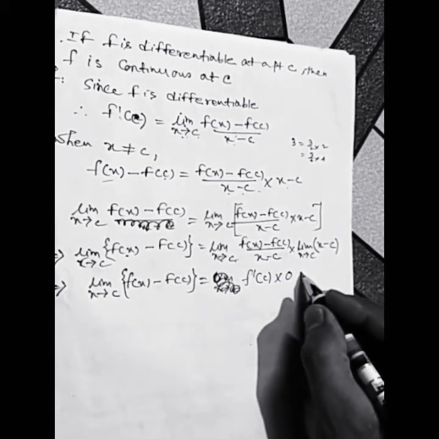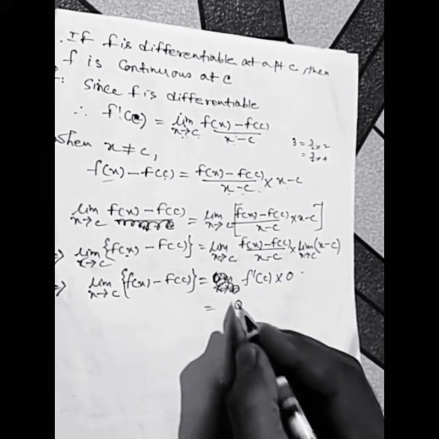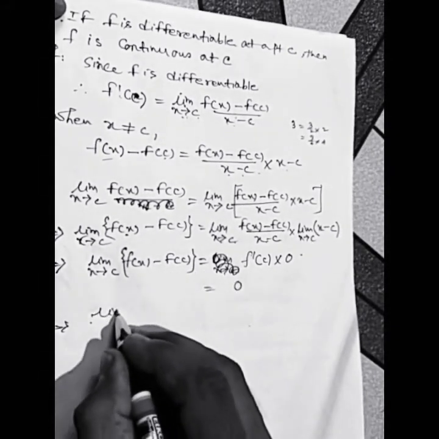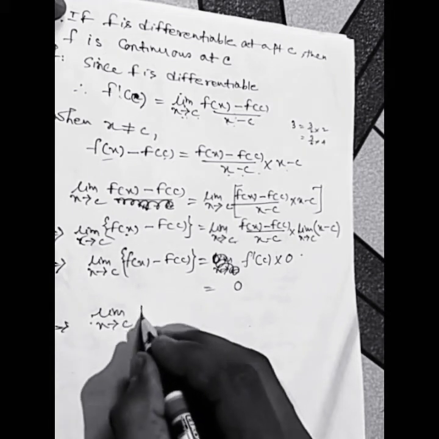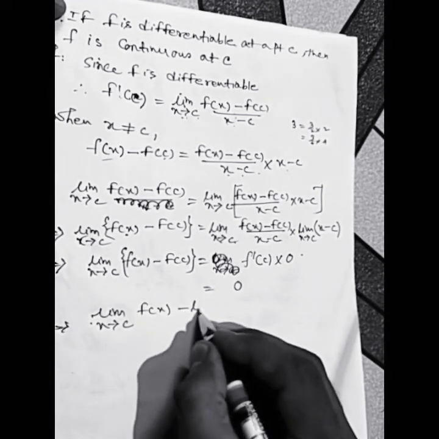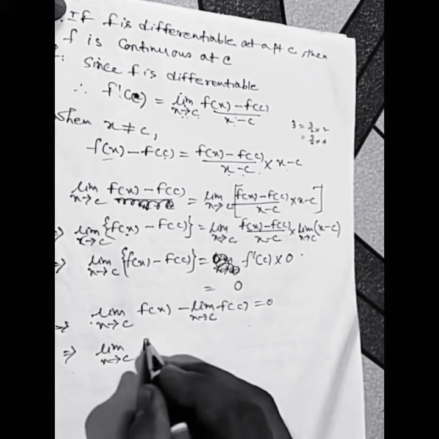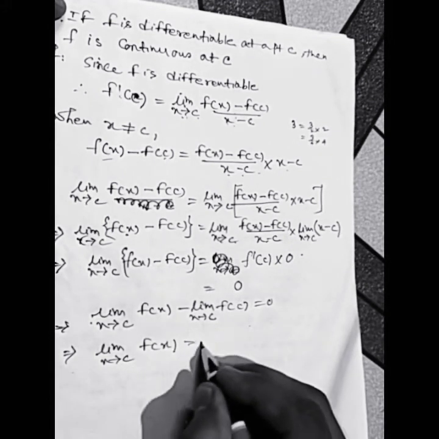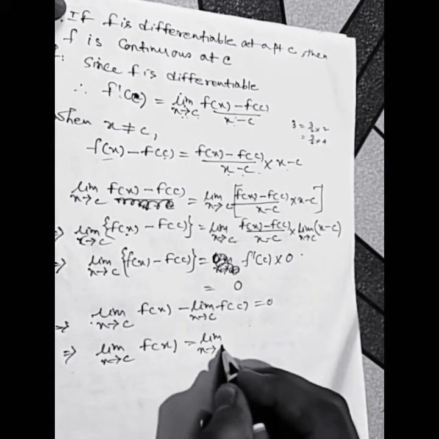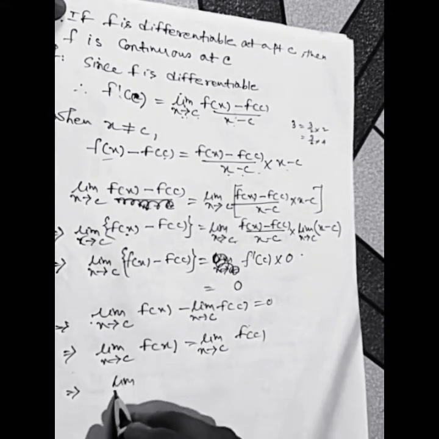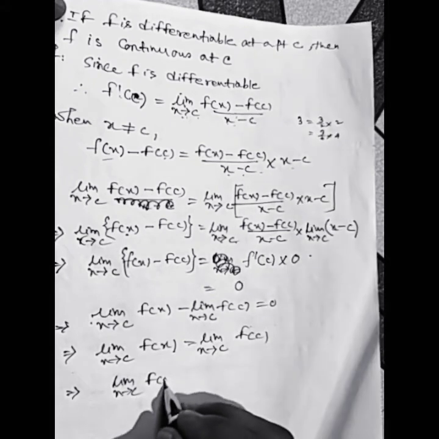So it is equal to 0. This implies limit x tends to c of f x minus limit x tends to c of f c equals 0. This implies limit x tends to c of f x equals limit x tends to c of f of c.